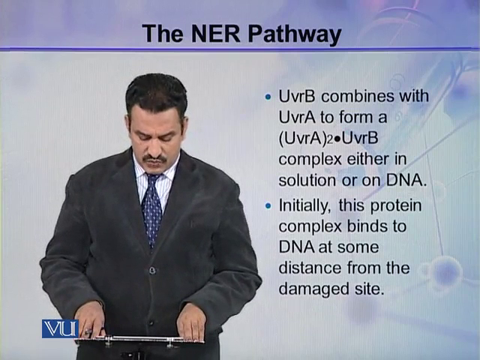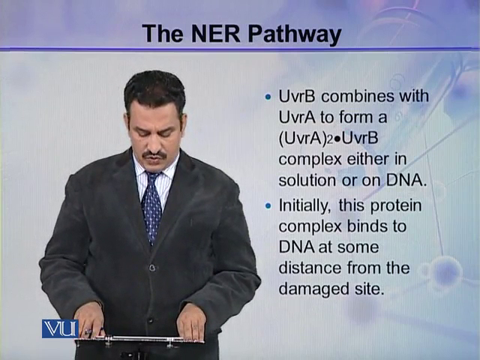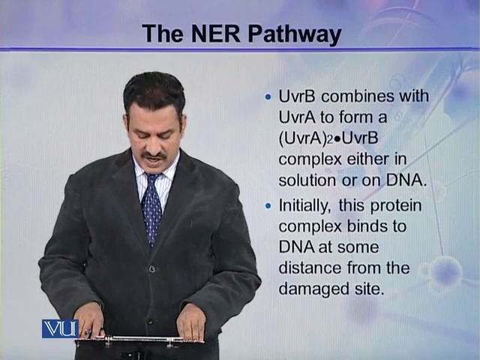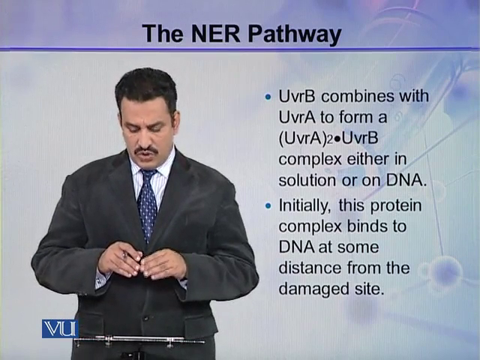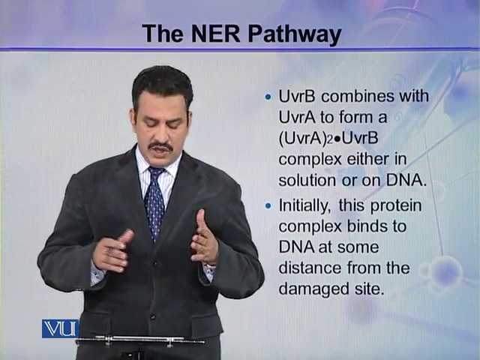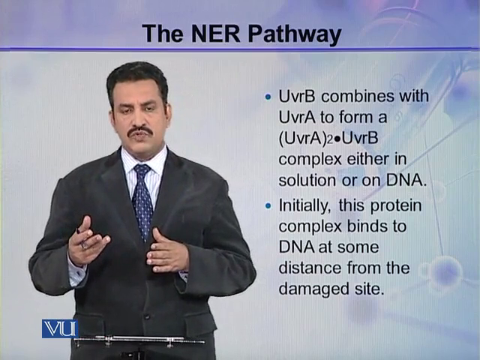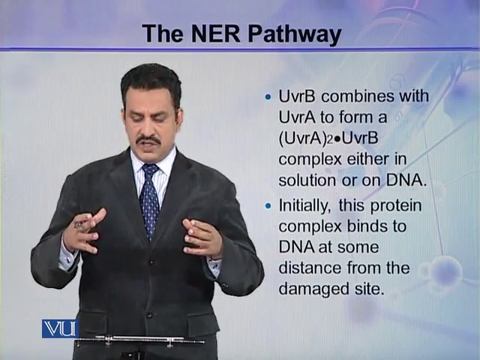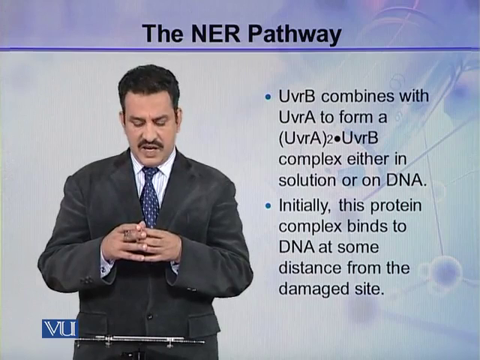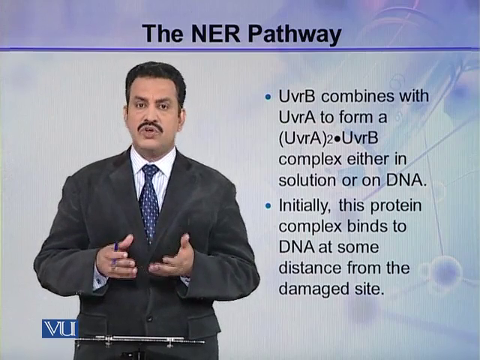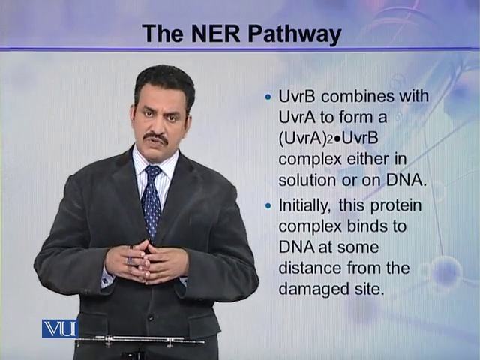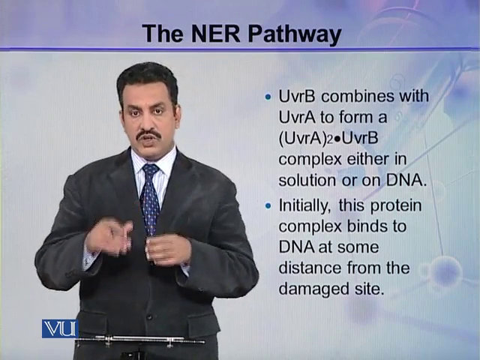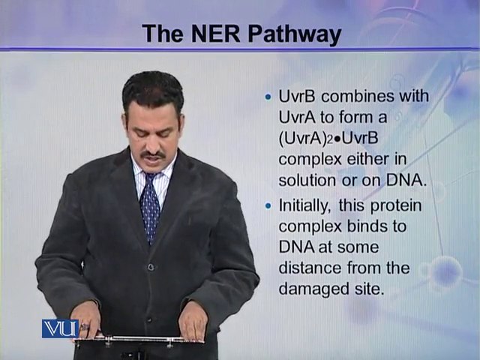UVRB combines with UVRA to form a UVRA2 UVRB complex, either in the solution or on the DNA. So if two molecules of UVRA and one molecule of UVRB are present, they make a complex, and the presence of DNA is not compulsory. This complex can be formed either in the solution or on the DNA molecule if it is present.